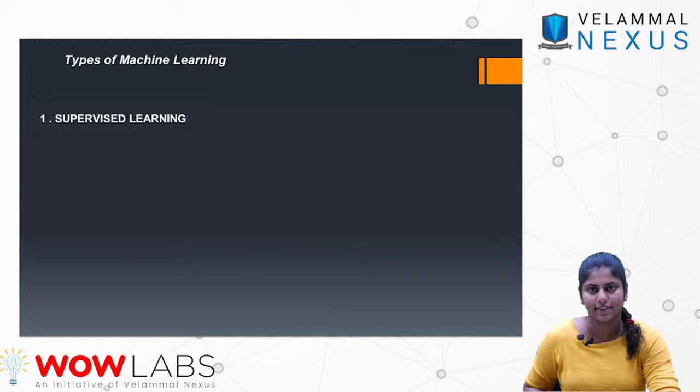First is supervised learning. So what is supervised learning? It learns from predefined data, that is, historical data. You need to explicitly train the machine to do a specific task or predict a specific outcome, so that is "train me." The second one is unsupervised learning. What is unsupervised learning?